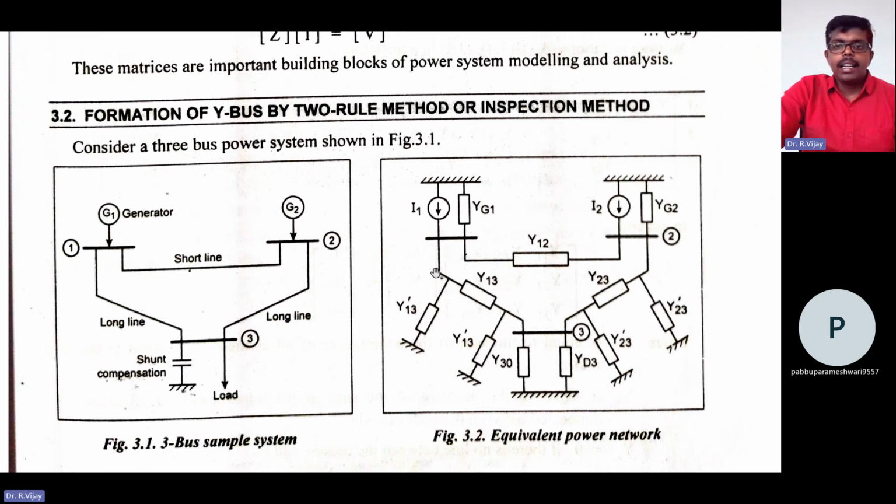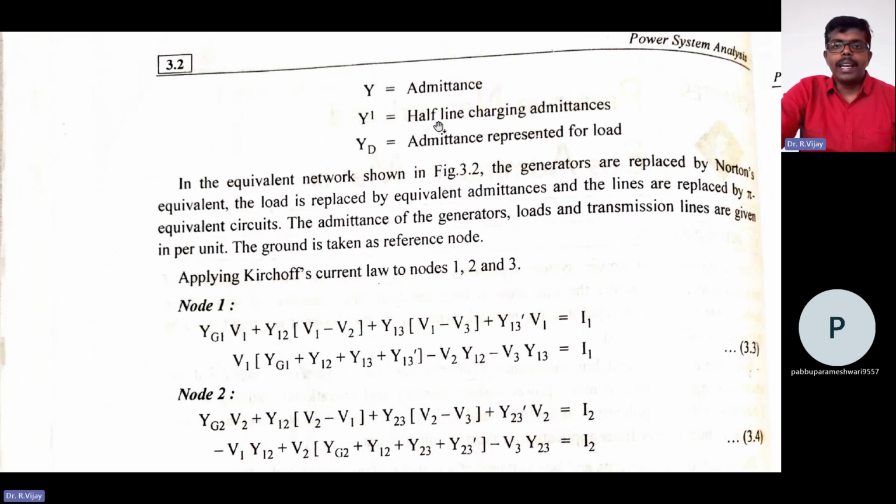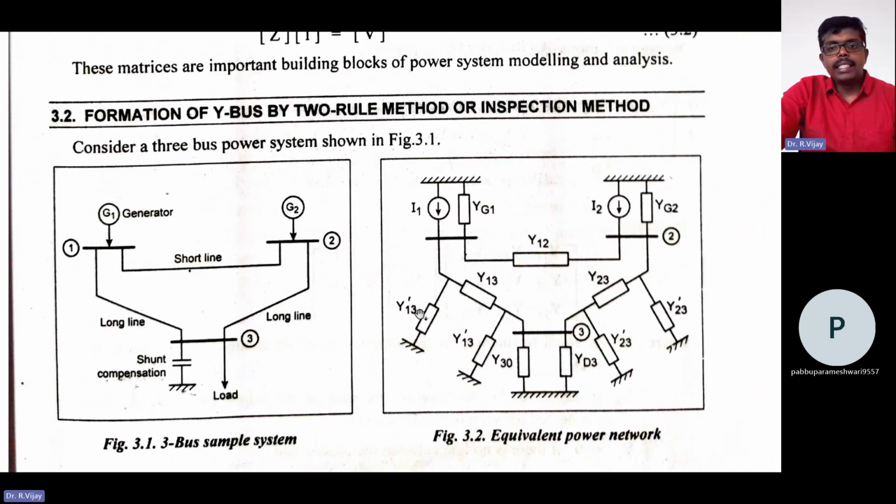Between 1 and 3 we have the admittance Y13, and here we have Y13 dash, which is the line charging admittance between bus 1 and bus 3. Similarly, Y23 dash is the half line charging admittance between bus 2 and bus 3.